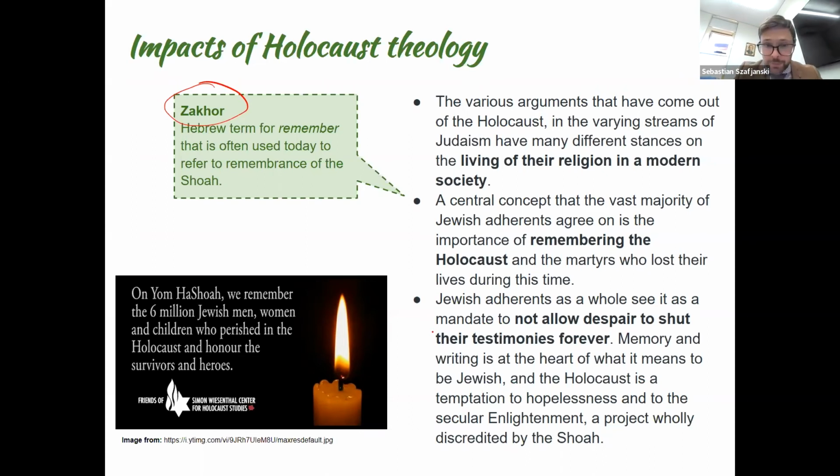Now this idea of mandate can link back to the 614th commandment again, to not allow despair to shut their testimonies forever. Memory and writing is at the heart of what it means to be a Jewish adherent, and the Holocaust is a temptation to hopelessness, which is something that Jewish religious adherents are called to hope against, all this suffering. And this idea is completely discredited by the Shoah.